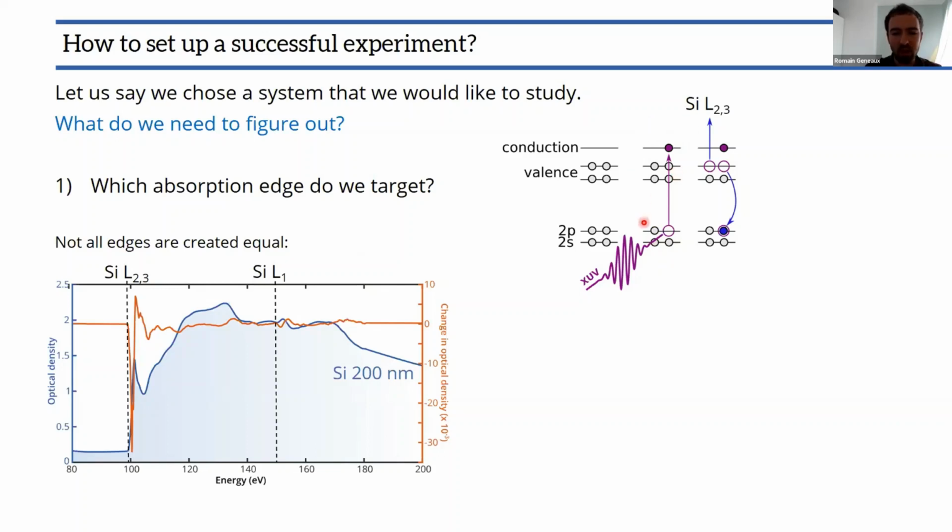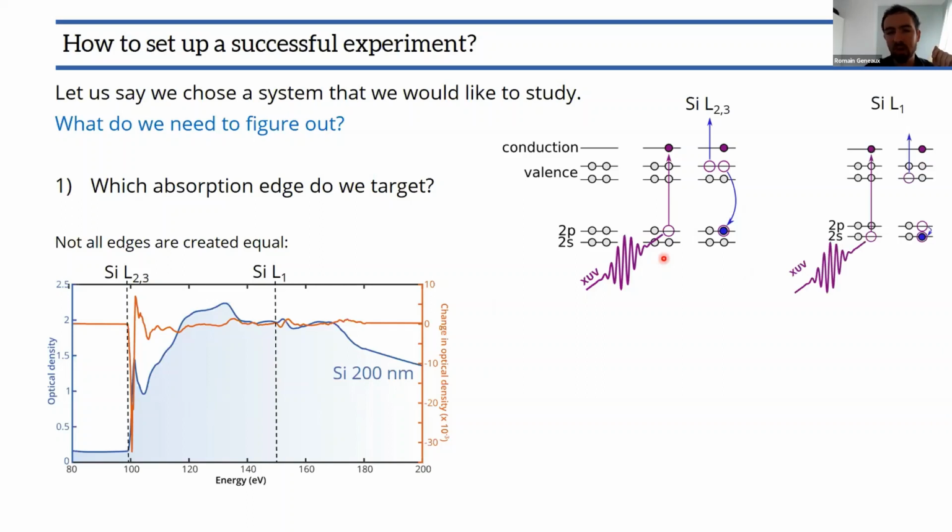And once it decays, then it's gone. The lifetime of this process pretty much gives you the spectral width of the absorption line shape. Here, for instance, I've shown the Auger decay of the silicon L23. Some electrons from the valence fill the 2p hole that you created. This is rather slow, which is why it gives you a sharp signal.